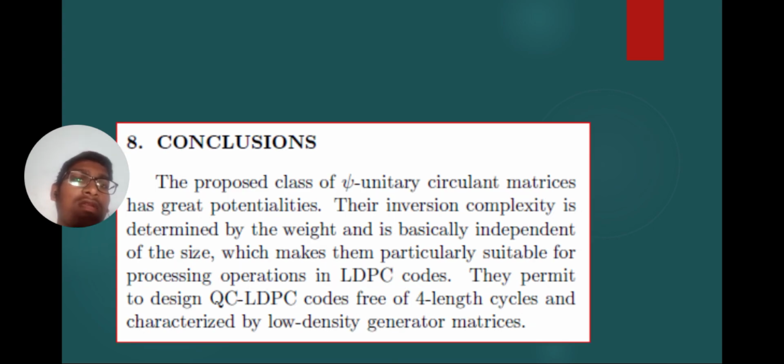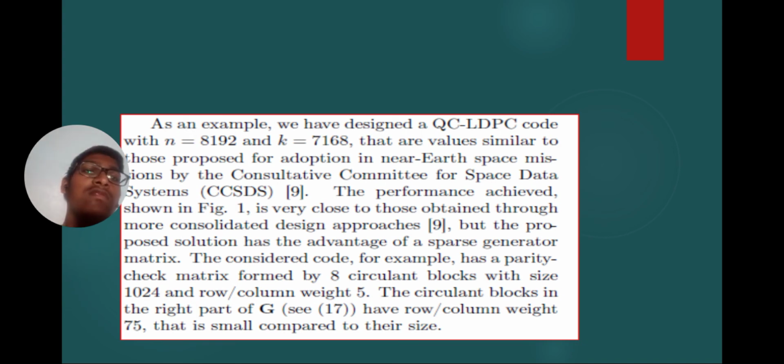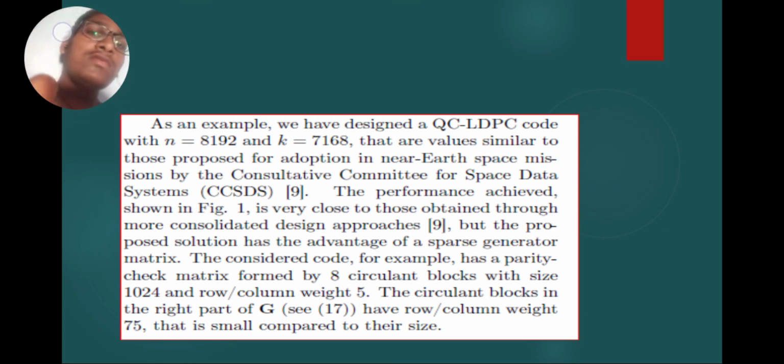Before the conclusion I want to give one example. As an example, we have designed a Qc-Ldpc code with n equals 8192 and k equals 7168, which are values similar to those proposed for adoption in near-Earth space missions by the Consultative Committee for Space Data Systems, CCSDS.